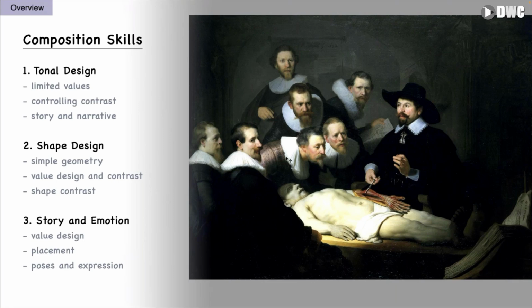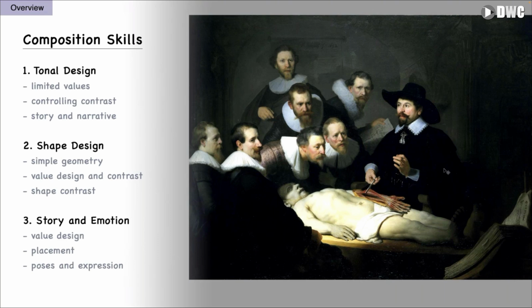Today we're going to explore composition skills, and the three specific skills that we're going to look at are number one, tonal design, shape design, and story and emotion. We're going to begin by looking at tonal design of arguably one of the greatest artists who have ever lived, arguably the greatest of all time, and for sure one of the greatest overall artists in terms of skill, technique, craftsmanship, the great Rembrandt.